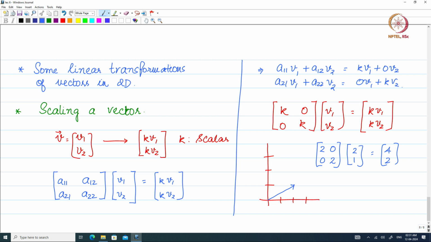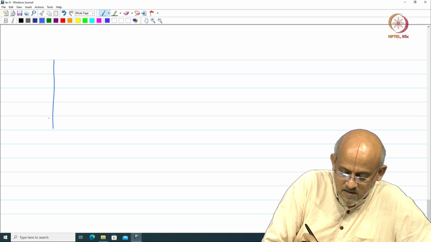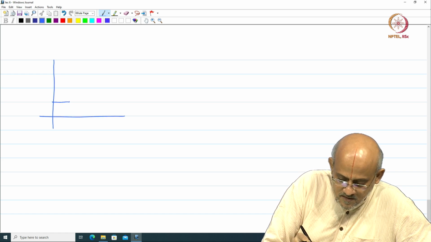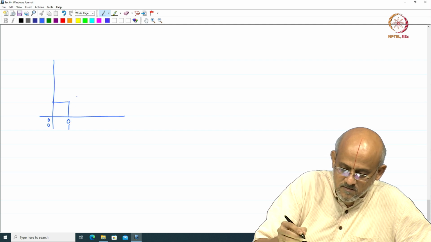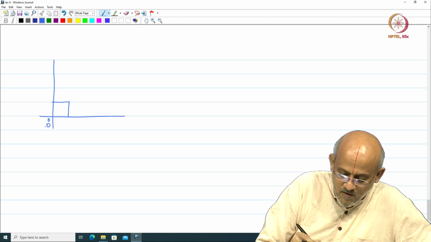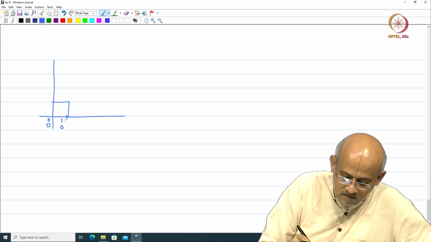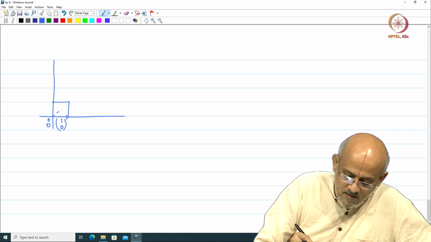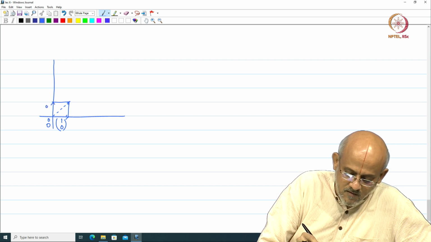What is interesting to see is, let us consider this unit square. The unit square is basically 0 0, and this vector is basically 1 0, and this vector is basically the 1 1 vector, and this vector is basically my 0 1 vector.